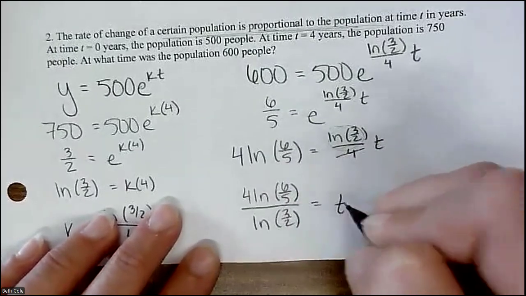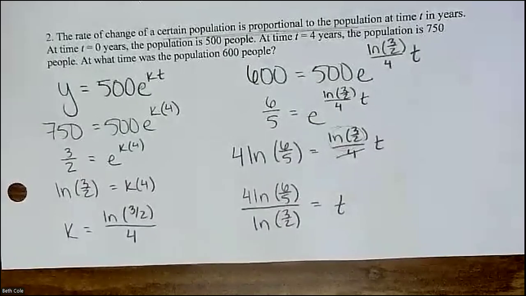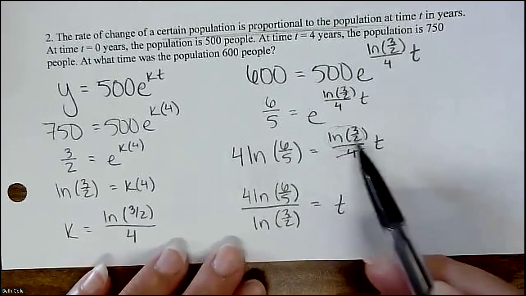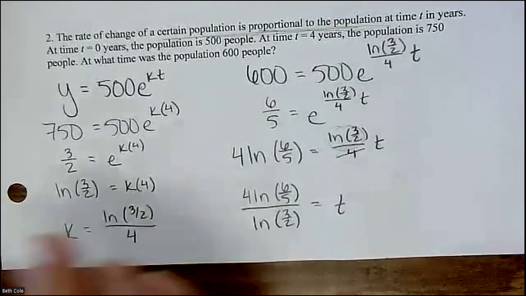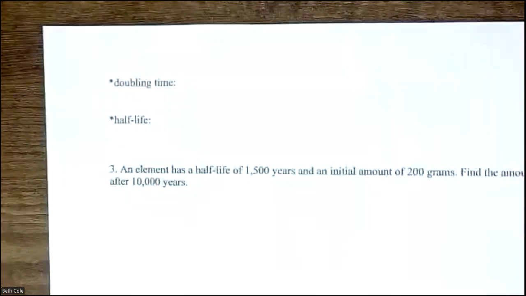So it'll look like that, which is great. It's a perfect answer. If you had an ln of t, then you would have to do e to cancel out the ln. That was a really good question. Did you guys understand the subtle difference there? If you had ln of t, but the t was just getting multiplied by this, so we just divided it over. Cool. You guys are hanging in there.